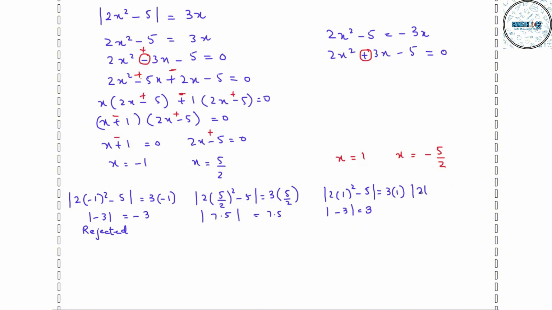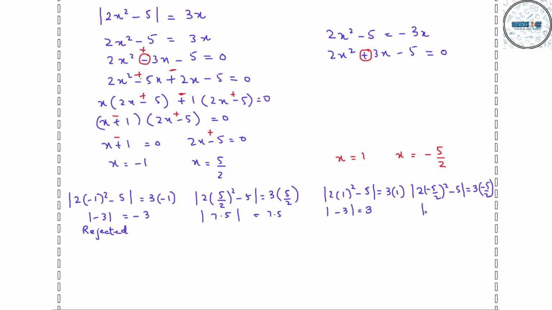2 into minus 5 upon 2 squared minus 5 is equal to 3 into minus 5 upon 2. So we have here 2 into minus 5 upon 2 squared is 12.5.